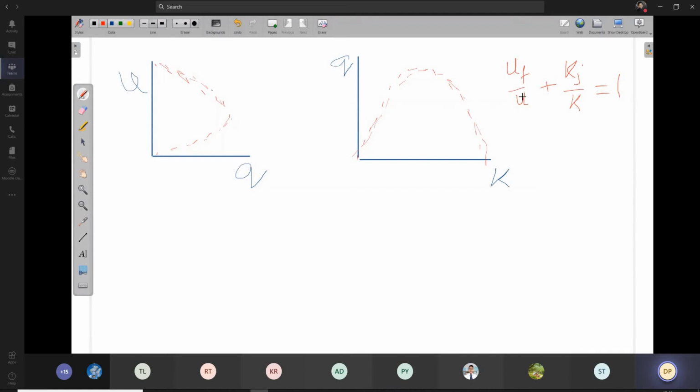No, sir, it was reverse. Reverse. It was U divided by Uf plus K divided by Kj is equal to 1. That was the basic relationship I gave you.